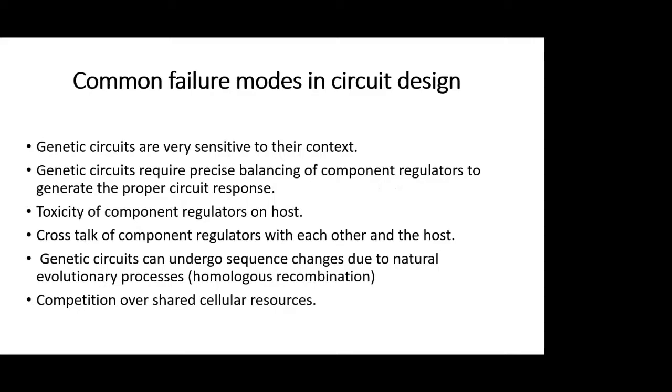In this case, such unintended interaction could affect the growth and the survival of the host. To avoid this, you need to screen for the toxicity of your regulators, and to use regulators that do not interact with your host, which will otherwise affect the host as well as the circuit behavior itself.